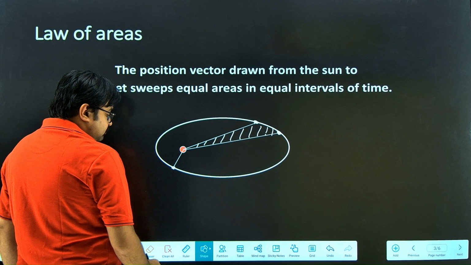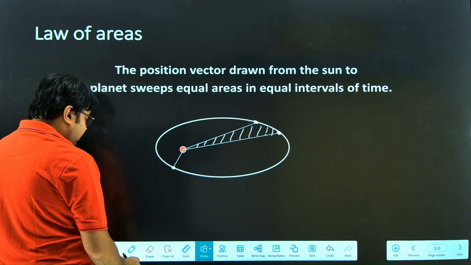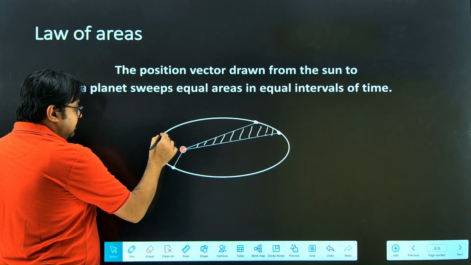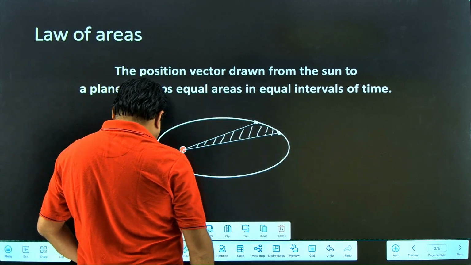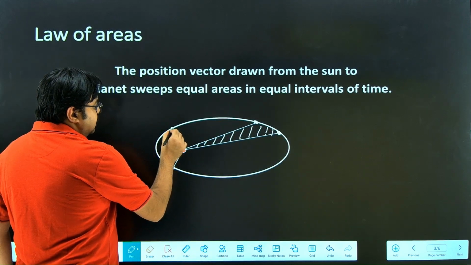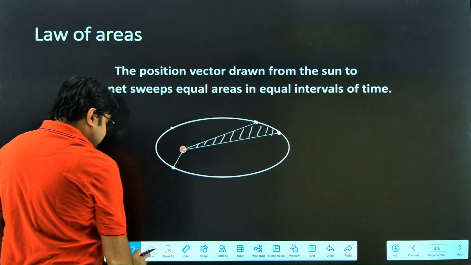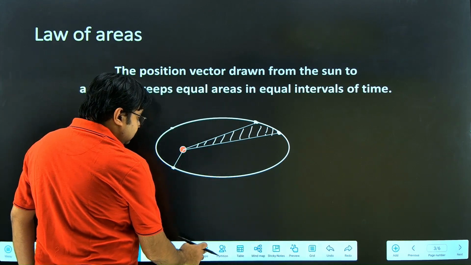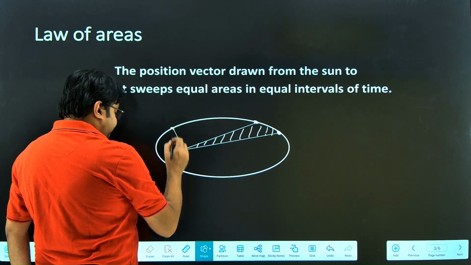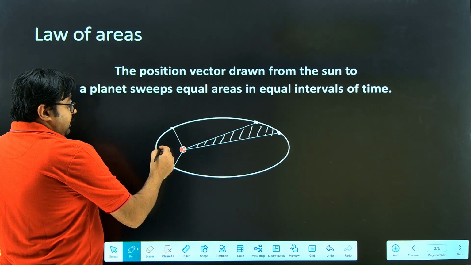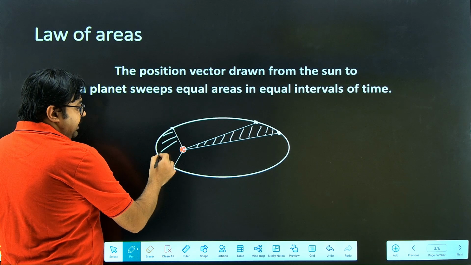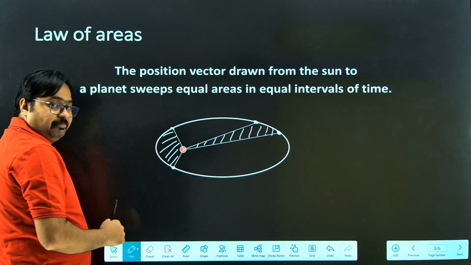Exactly 1 month later, you will see that the earth has come here, and let's draw another position vector to that place. So that, if you just see how much area now that position vector has swept.